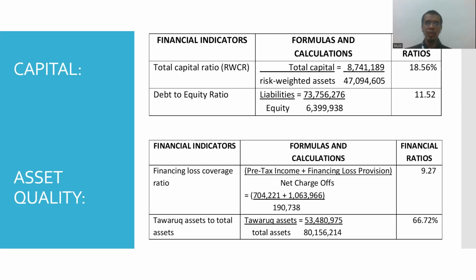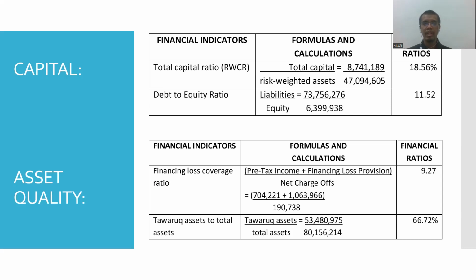the ratio of asset quality. From the financial indicators, I can derive that there are two ratios representing asset quality in the CAMELS model. The first one is the financing loss coverage ratio, and the formula is pre-tax income plus financing loss provision divided by net charge off.